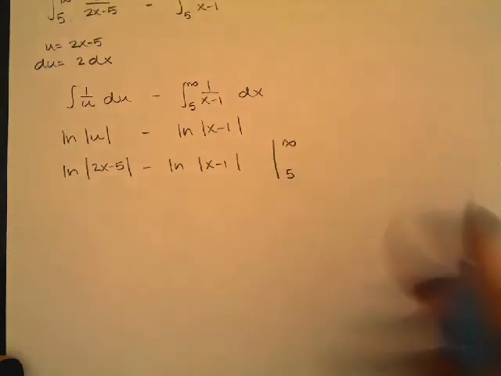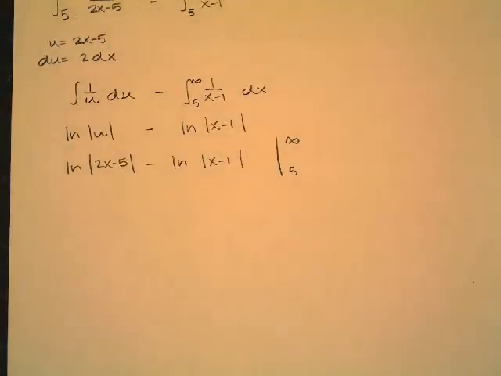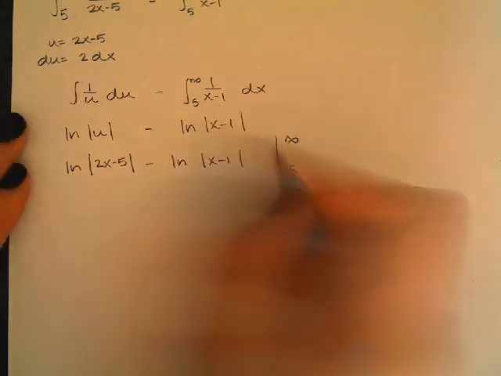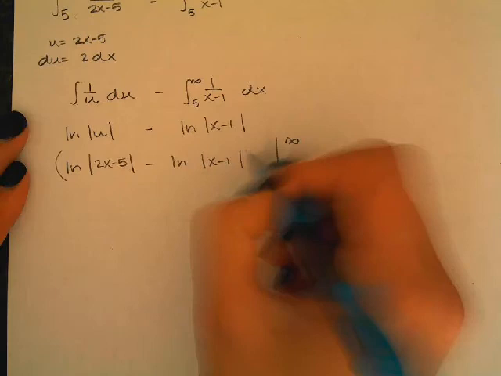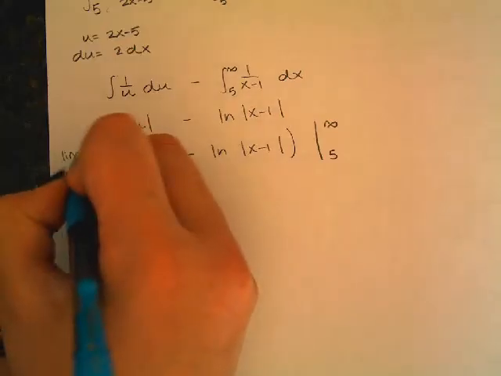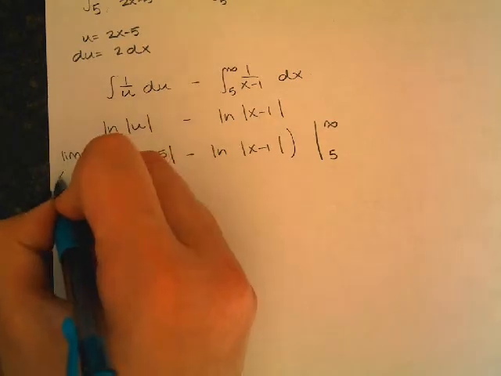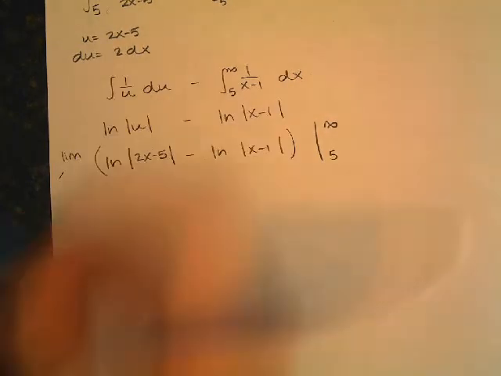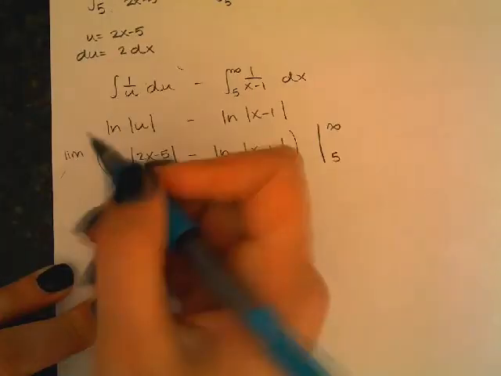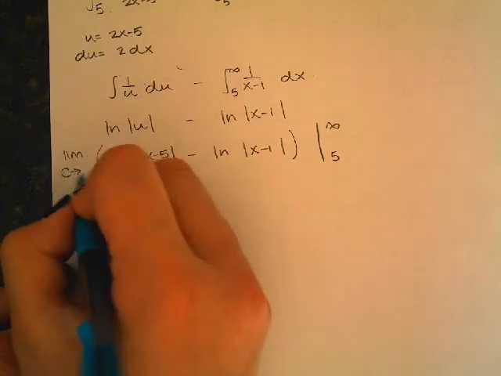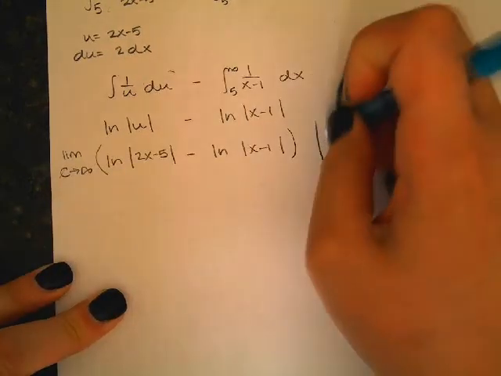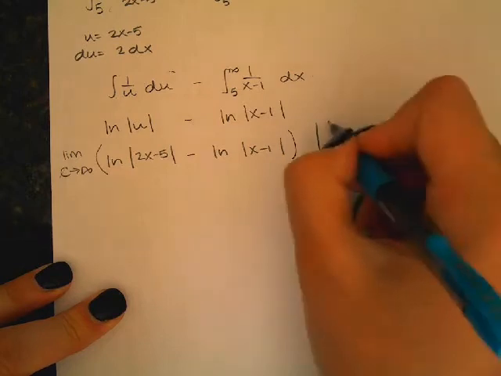At some point we do need to write down that limit notation because of the infinity, and I can't remember exactly where we need to put it, so I'll go ahead and do it here. I'll say the limit as c goes to infinity. And I'll go ahead and put c right here.